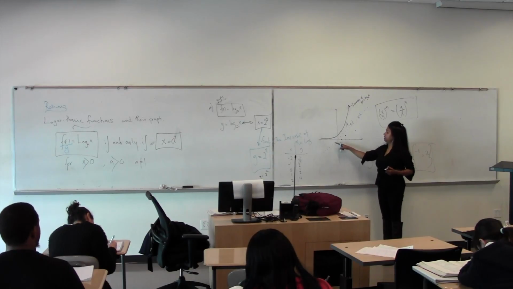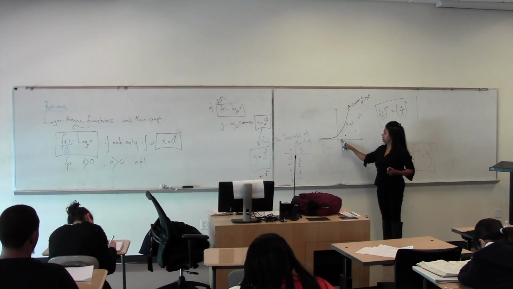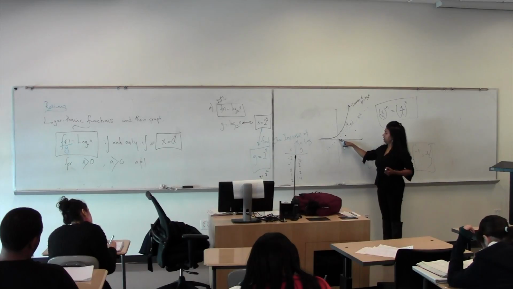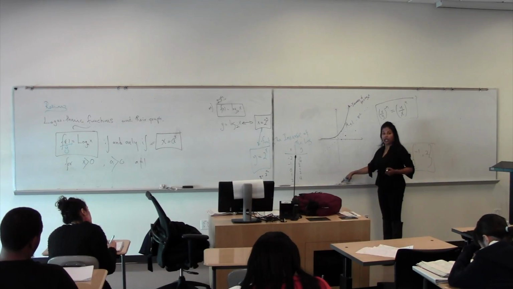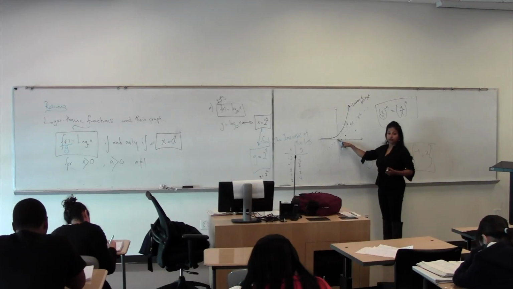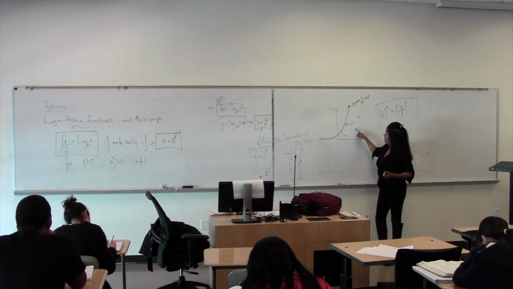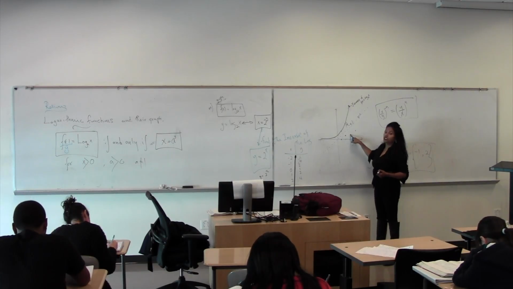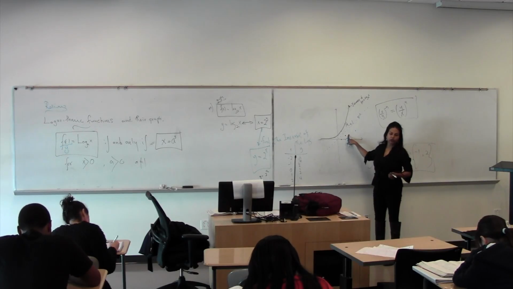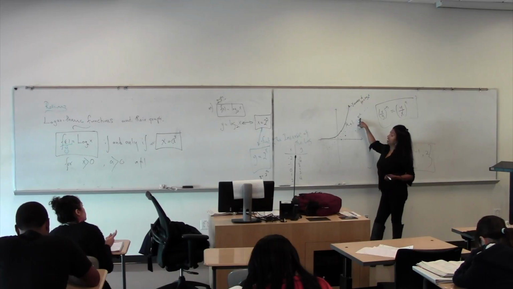You can pick the points in between these, and when you graph this, the y values are going to be bigger and bigger and bigger. Okay? But it's not going to touch the y-axis here. So what do we know about this graph and this graph? They're symmetric with respect to the y is equal to x line.